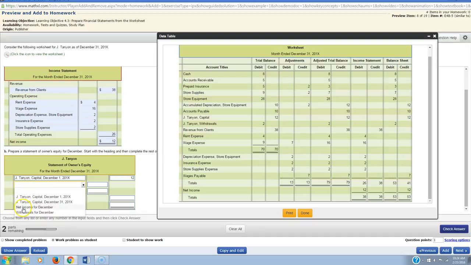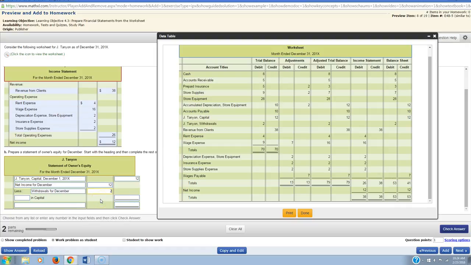And again, there's a menu selection here for you. Net income, which we already know, is $12. So we'll add that $12 in there. And then the withdrawals we see is $2. So the withdrawals is going to be a $2 reduction from the increase.